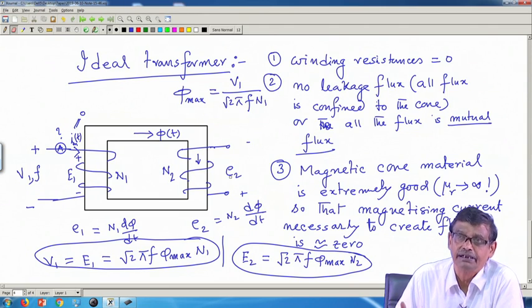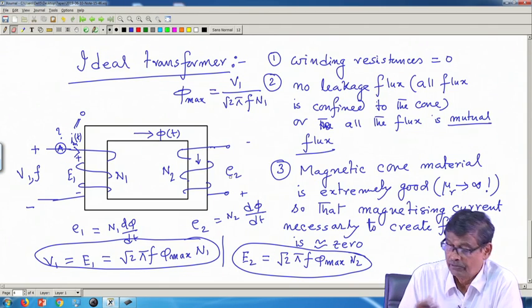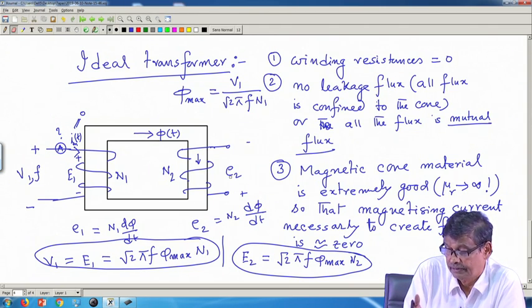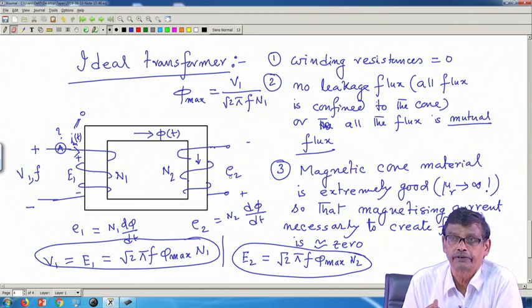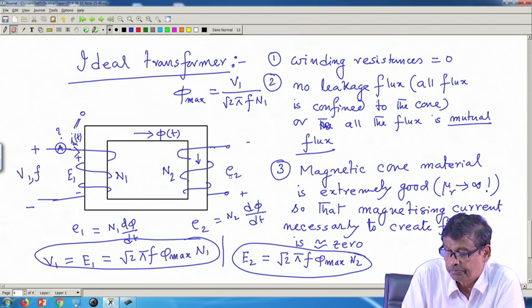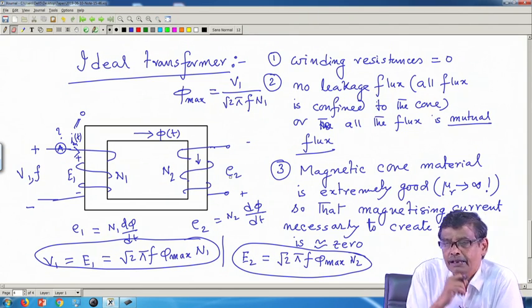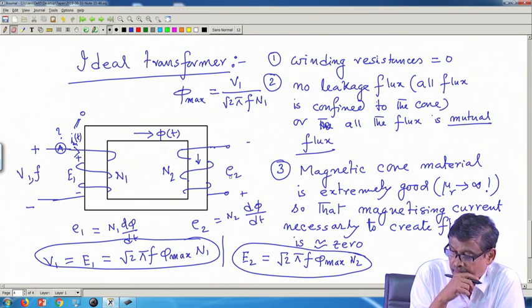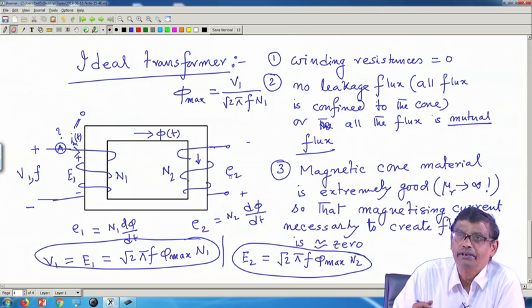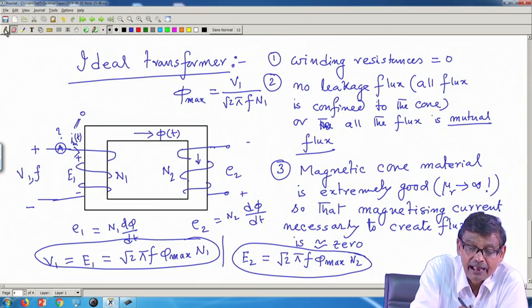Let us assume it is like that. Now, let us verify whether this assumption is correct or not. Acha, it has become a seat of EMF. Now, you imagine that this E2 I will allow it to act.